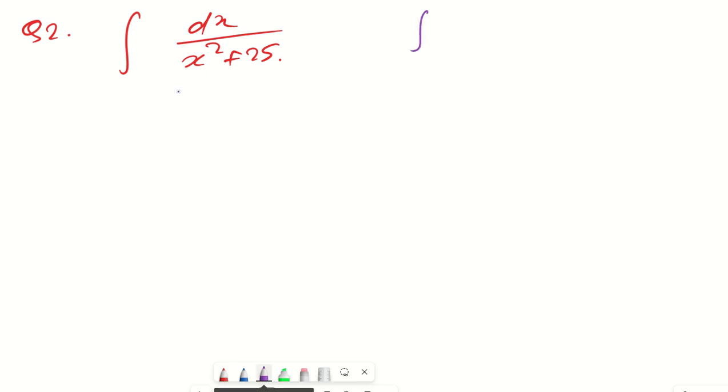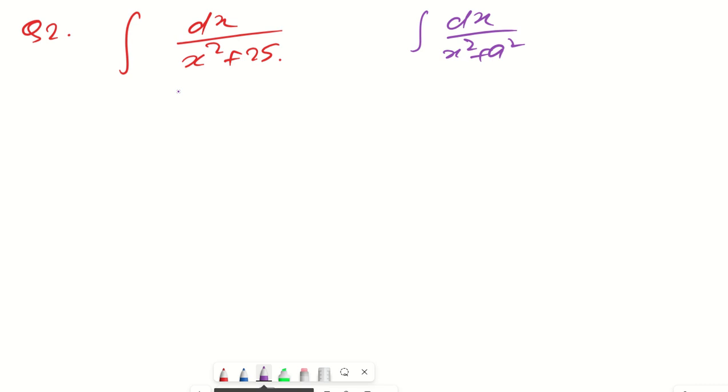Let's take another question so that you can have a complete understanding and you can try it by yourself. So let us say question number 2, integration of dx by x square plus, let us say, 25. So what will happen? You can see very easily that it looks like integration of dx by x square plus a square. Alright. So what was the formula for this?